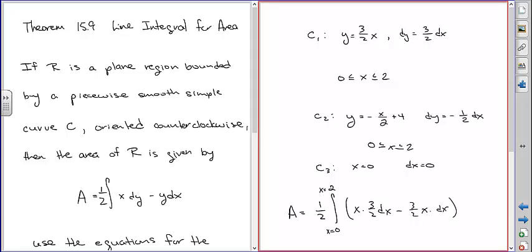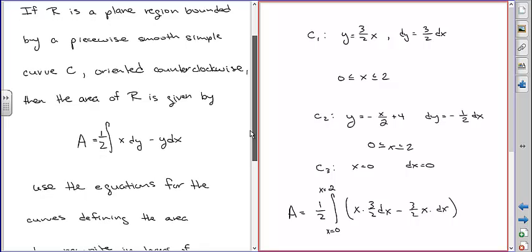So the theorem for a line integral for area is if R is a plane region bounded by a piecewise smooth simple curve C oriented counterclockwise, then the area of the region is given by the line integral of 1/2 times x times dy minus y times dx. But so in this case you actually do the line integral, so you don't have to do the double integral.